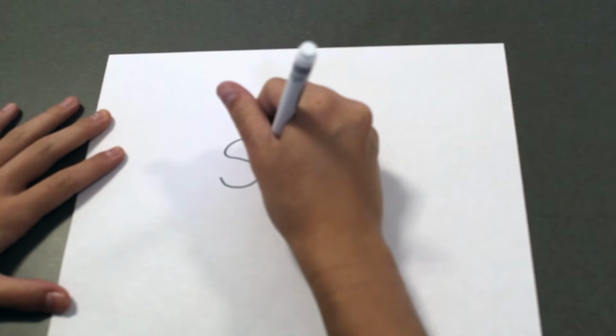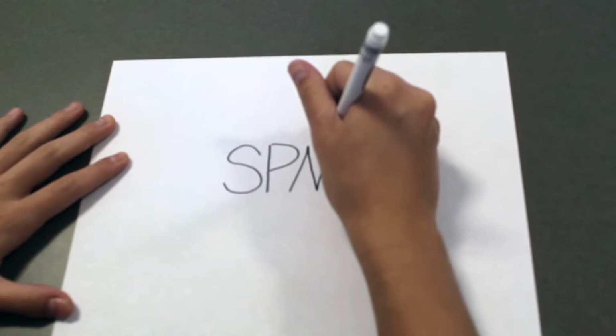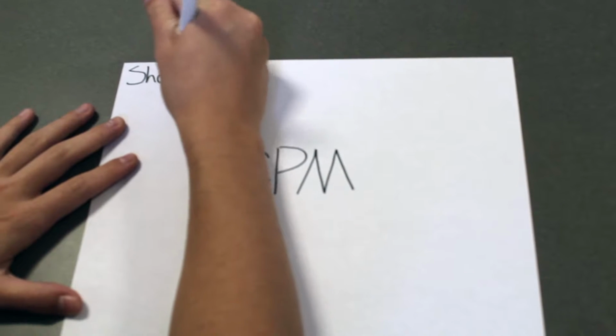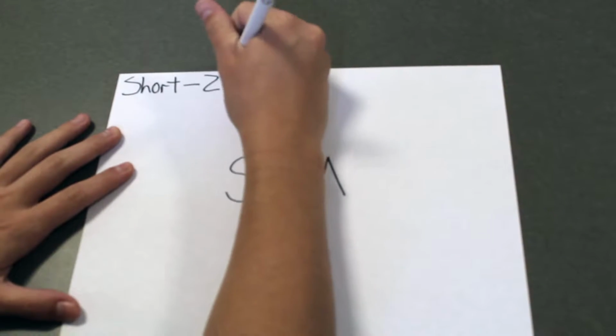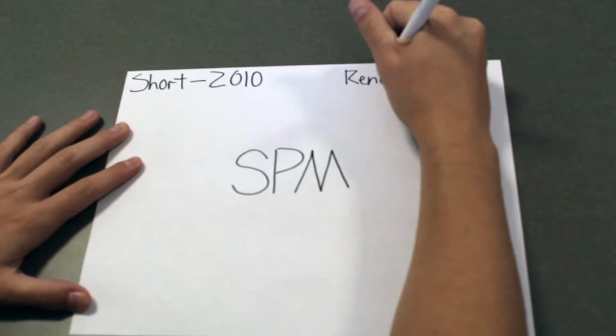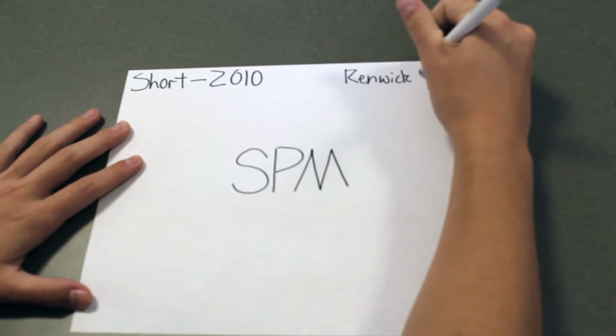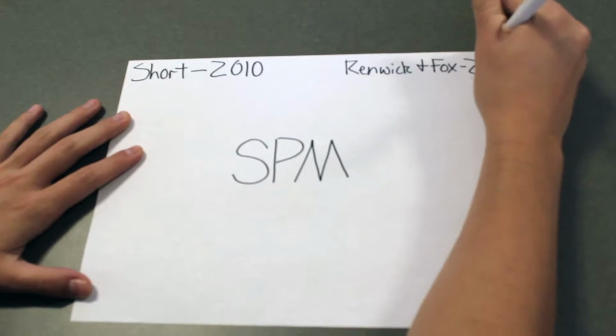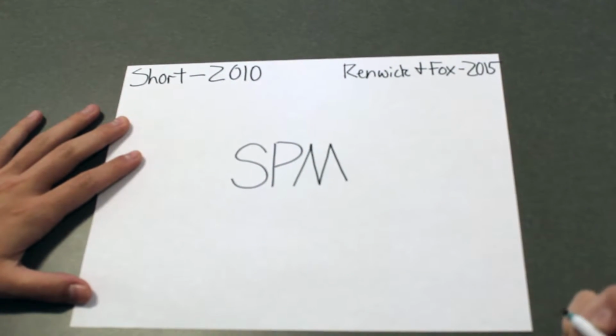A more comprehensive approach to measuring poverty is the supplemental poverty measurement, used by Kathleen to analyze poverty statistics from 2010, as well as by Trudi, Renwick, and Liana in the most recently updated data from 2015, released in September of 2016.